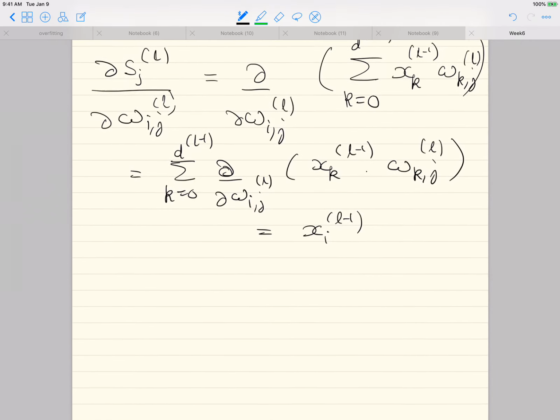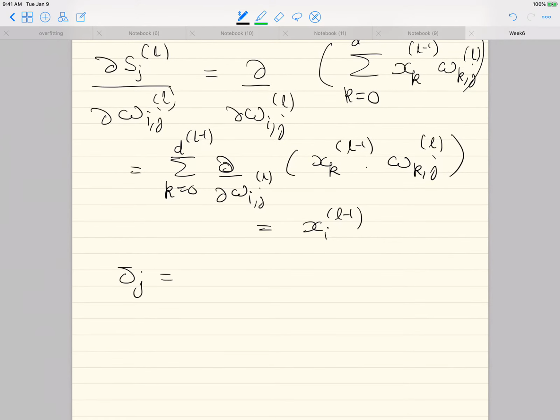On the other hand, we'll define a new quantity delta j of L. Sorry about that, I didn't write it properly. Not this, the other term: delta j of L will be dE of omega by dSj of L. This is the second term.